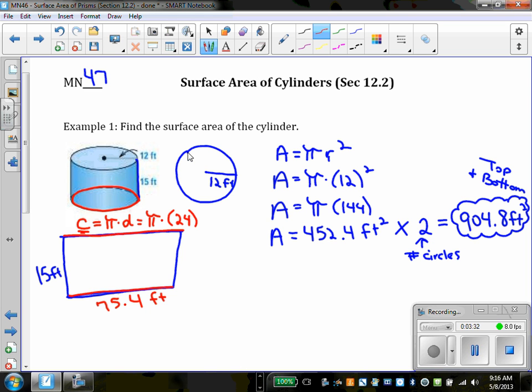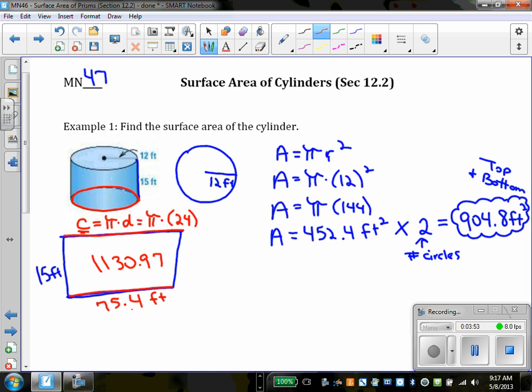Then when we find the area of this rectangle by multiplying 15 times that 75.4, we will end up with an area of 1,130. Oops, actually, just looking at the rounding here, let me just write out what I'm seeing. It's 1130.97.